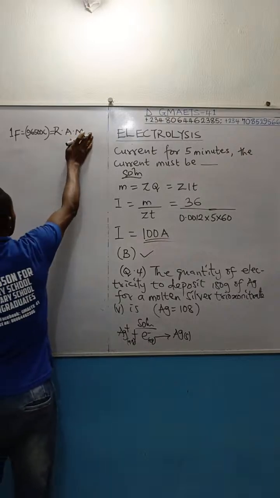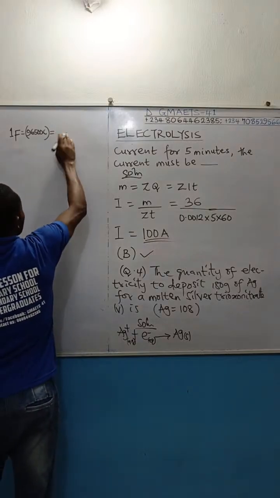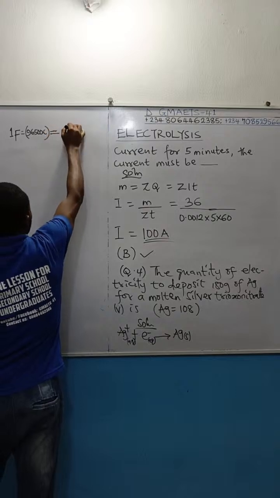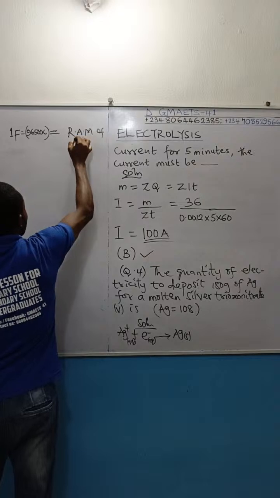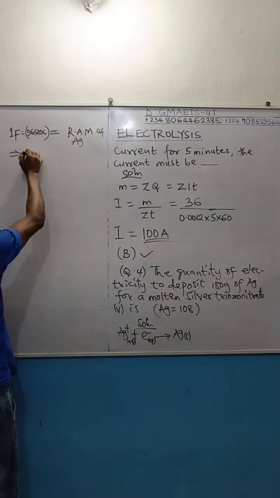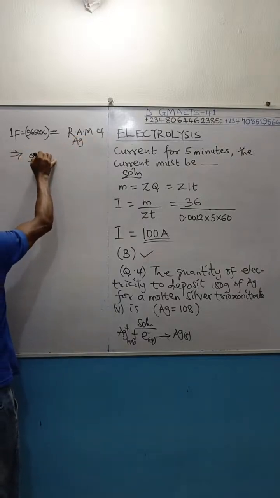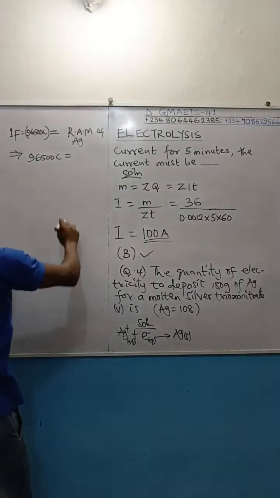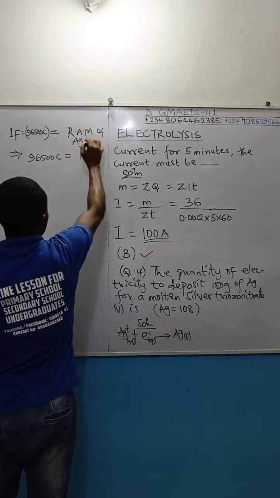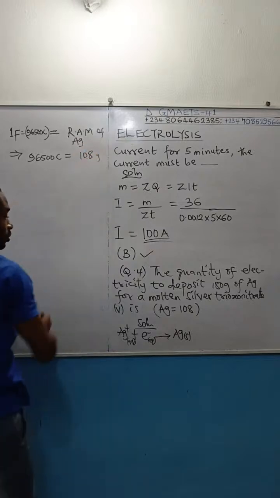The relative atomic mass of silver, let me write this clearly, equal to RAM of silver. Relative atomic mass of silver was given to us. The implication here is that 96,500 coulomb would give us what? Would give us 108 gram.